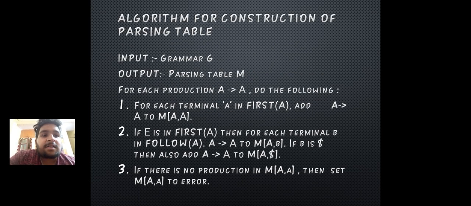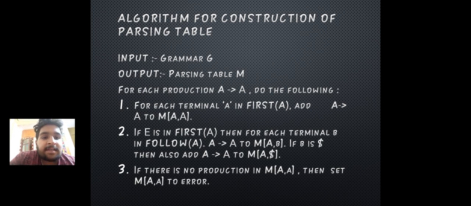Algorithm for constructing the parsing table. There are certain algorithms for each and every construction. The input is grammar G, the output is parsing table M. For each production A → α, do the following. First, for each terminal a in first of α, add A → α to M[A, a].